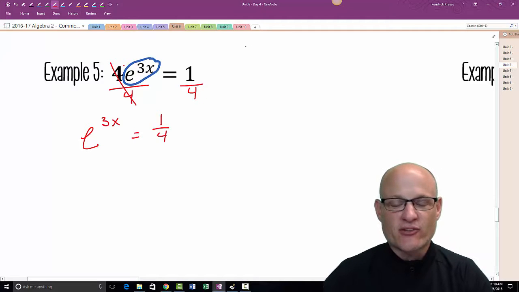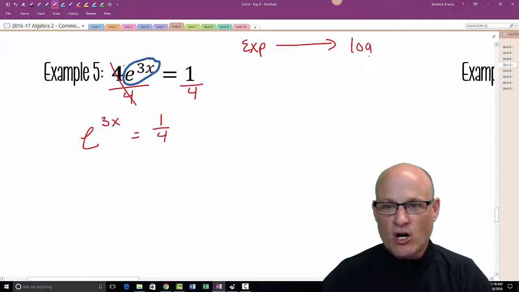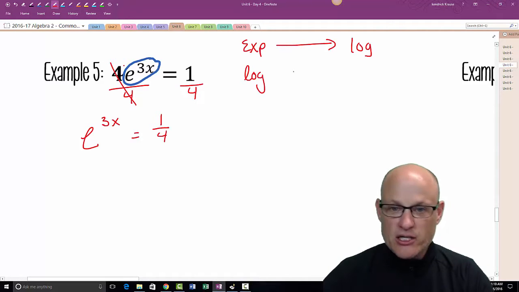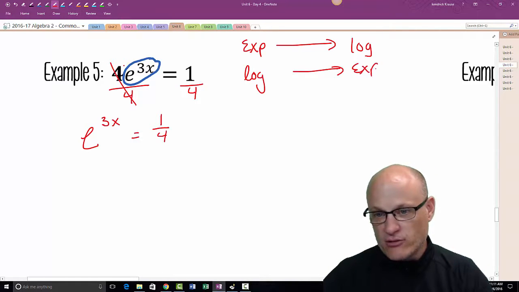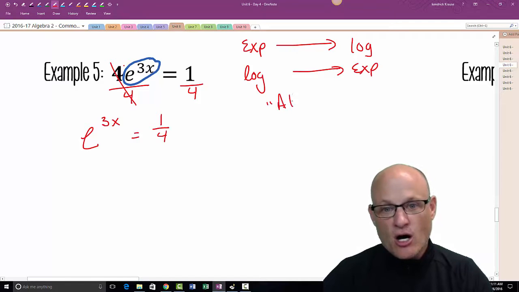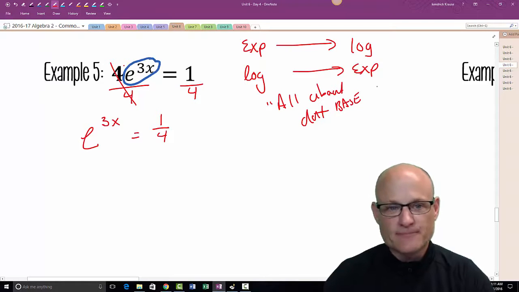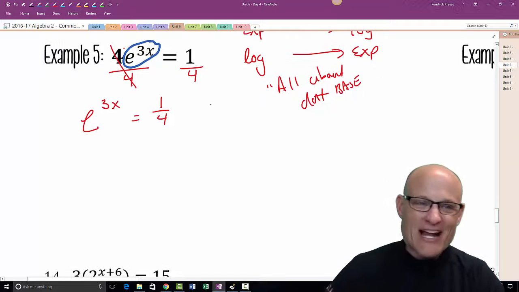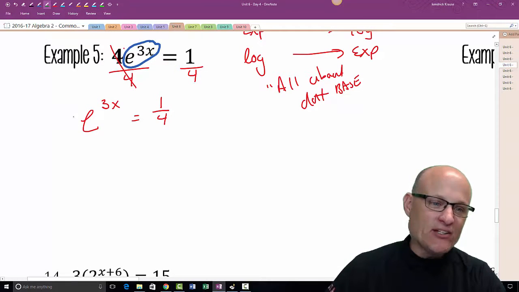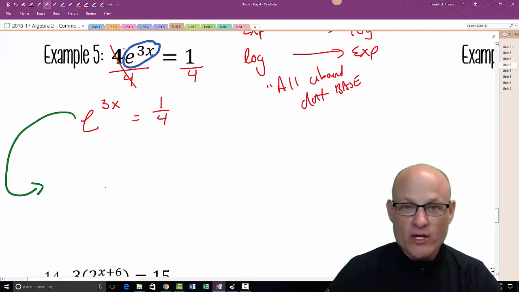Now I can't stress this enough: if you have exponential, change it to log. If you have log, change it to exponential. And it's all about that base. My handwriting is getting worse because I'm getting more excited. We have an exponential. We need to change its form to a logarithmic.